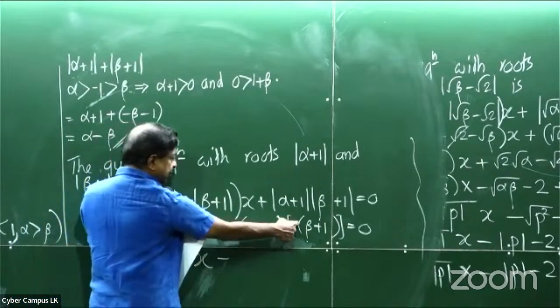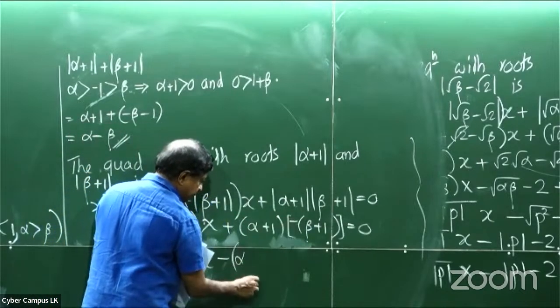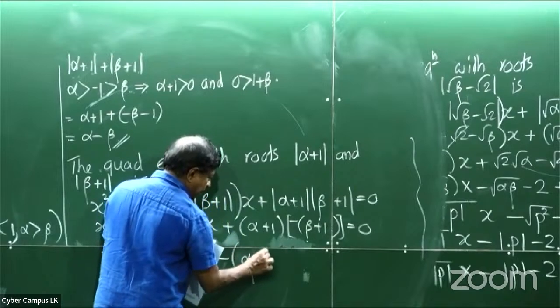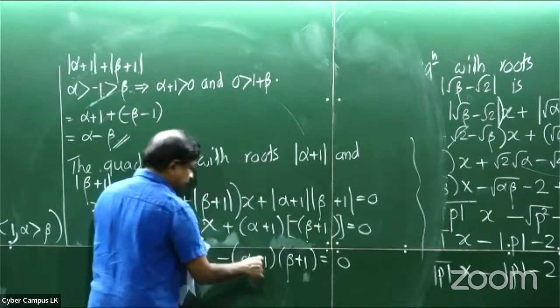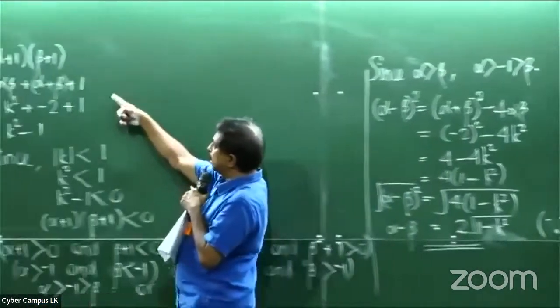This entire thing is minus because of this negative sign. Then multiply alpha beta. You have what this is; we have found it somewhere: alpha plus 1 times beta plus 1. Right there.